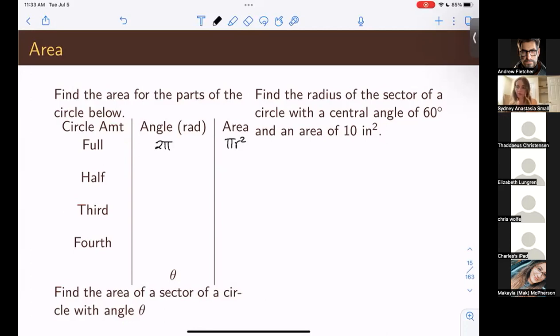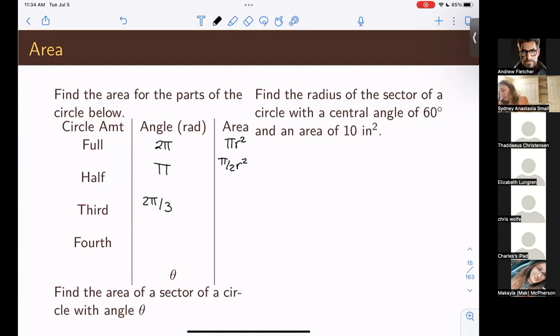Okay, now let's think about half of a circle. If 2 pi radians is a full circle, we know that there are pi radians in half of a circle. So then we can also divide the area by 2, and the area of half of a circle is pi halves r squared. Let's keep going. If a full circle is 2 pi radians, then the angle for a third of a circle is 2 pi over 3 radians, just dividing by 3. And I will do the same thing over here.